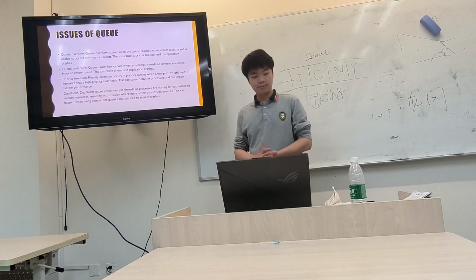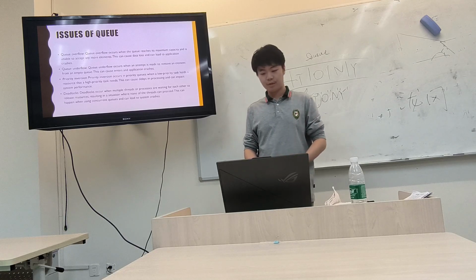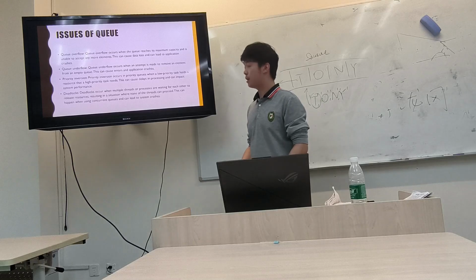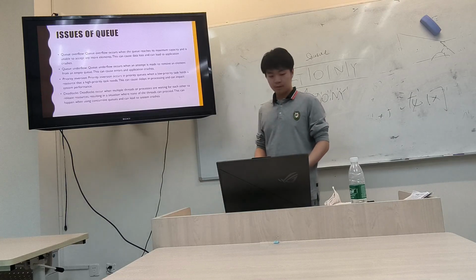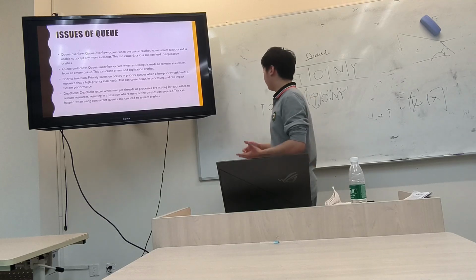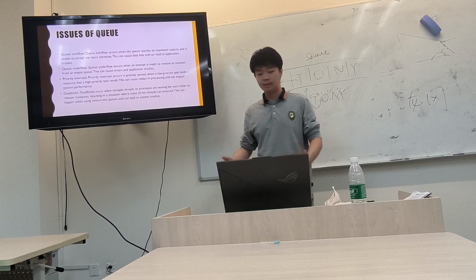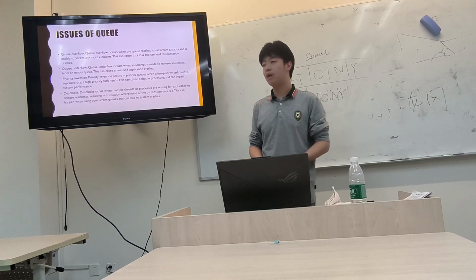And the second issue is queue underflow. So this occurs when an attempt is made to remove an element from an empty queue. So this is also similar to the stack underflow. So if you want to remove an element from the queue or a stack, you must first write an if statement to check whether it is empty.